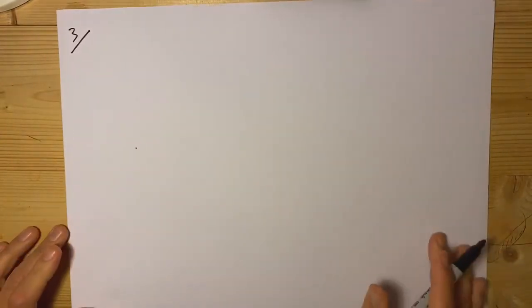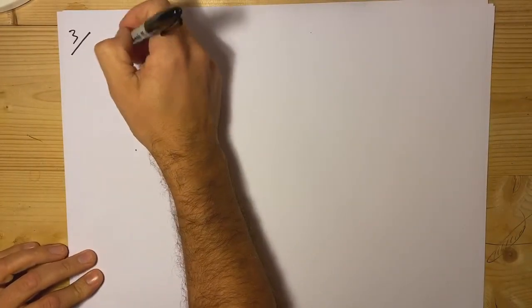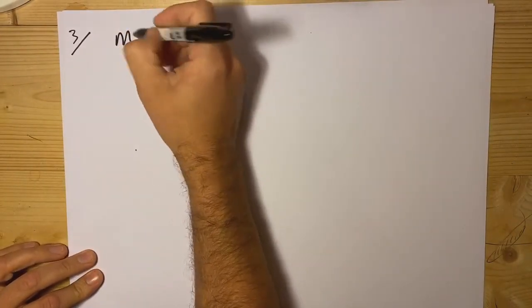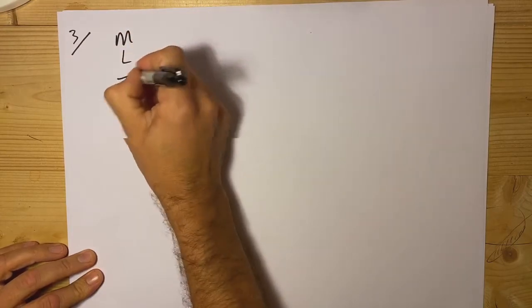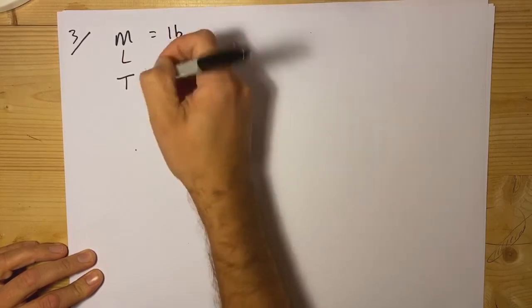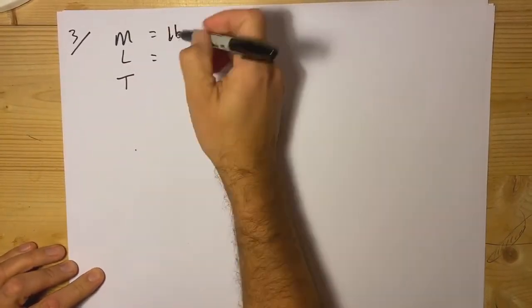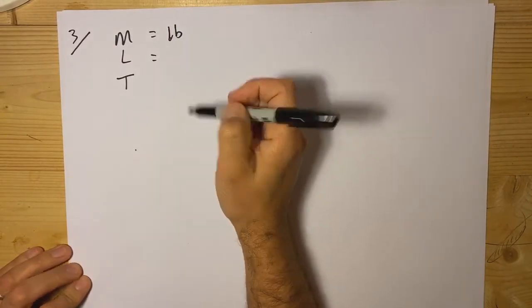Okay, so in question 3, it's again more about manipulating units and thinking about dimensions. Then I tell you in this question that we're going to measure mass, so let's work in our dimensions, M, L, and T, mass, length, and time. Mass is in pounds, so kind of an old-fashioned unit, and that's given the symbol lb, coming from the Latin.